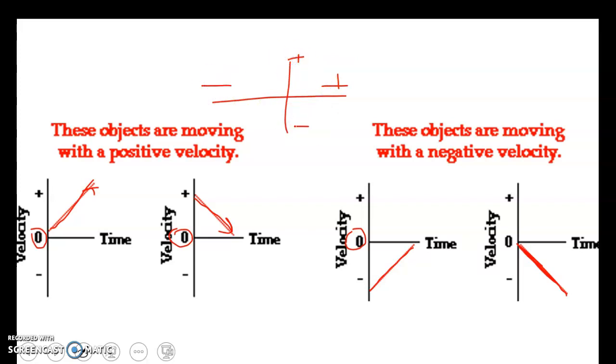So in this case, this object is moving up or rightward, okay? This object's moving up or rightward. This object's moving left or downward, and this object's moving left or downward. So negative velocity, left or downward; positive velocity, up or rightward. Okay?